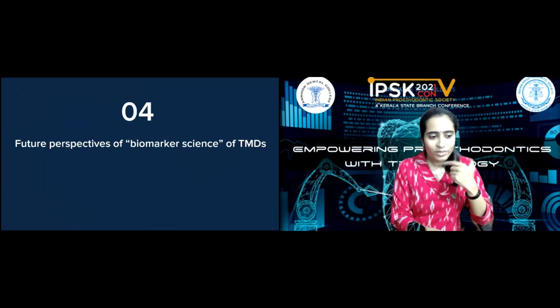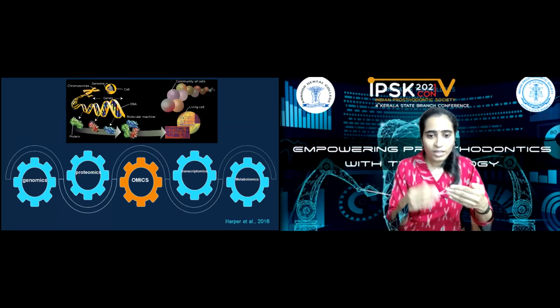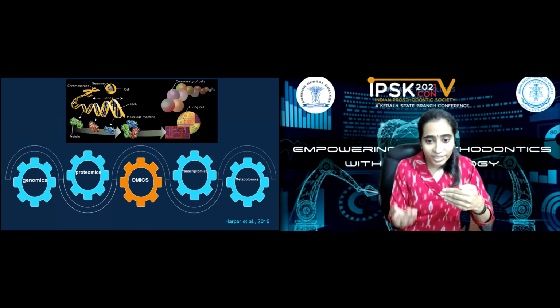So what is the future perspective of biomarker science of TMD? Are we going to find a proper biomarker? And if we find a biomarker, what next? Researchers are predicting the omics study of TMDs.